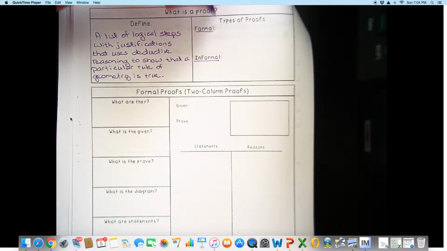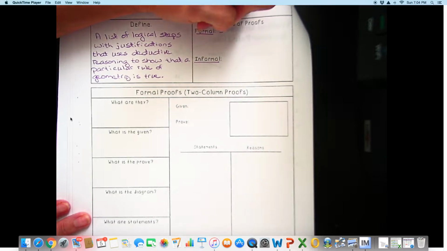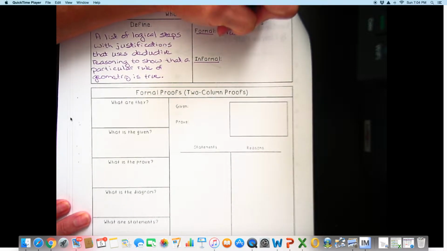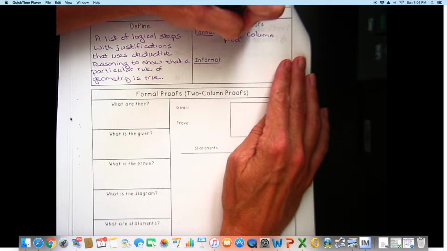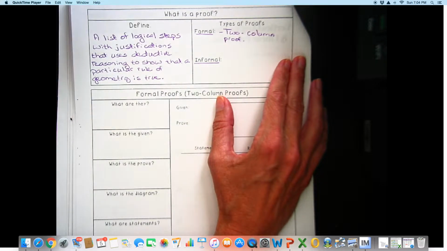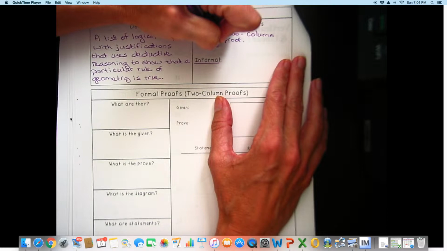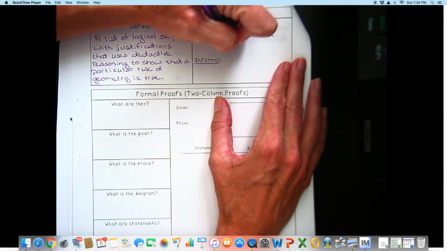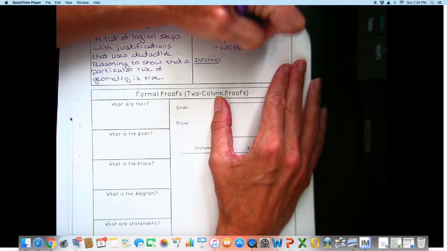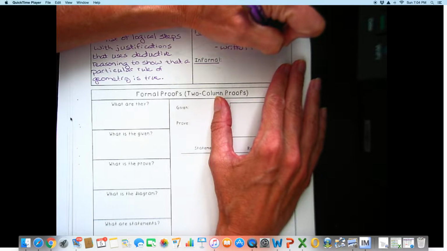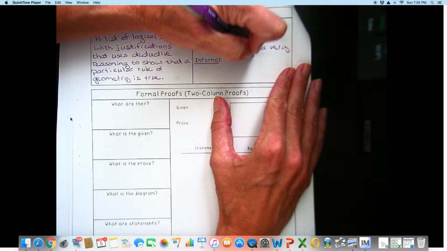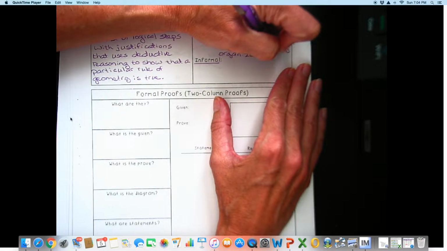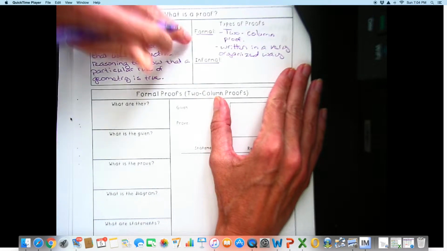A formal proof is called a two-column proof, and it's written in a very organized way. So that would be your formal proof.